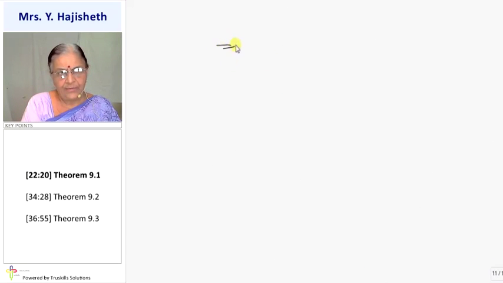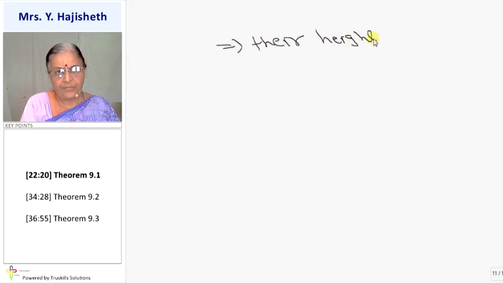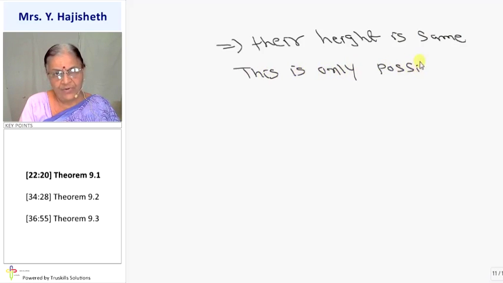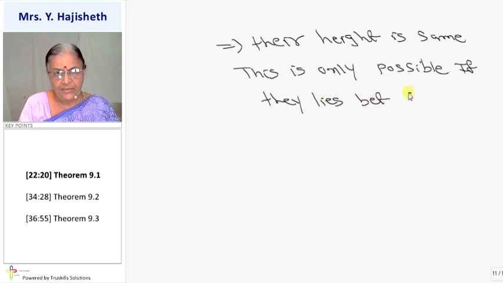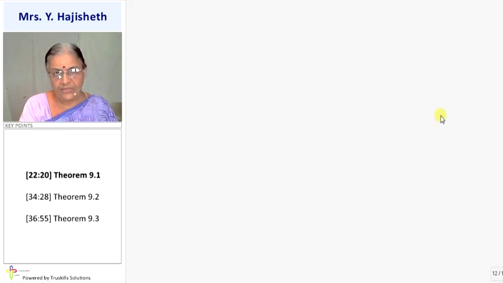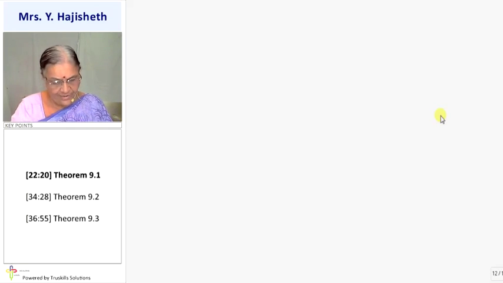That implies their height is also the same, and the height is the same only if they lie between the same parallels. Okay, clear? So the converse of this theorem we are accepting without proof, only I have explained it orally.